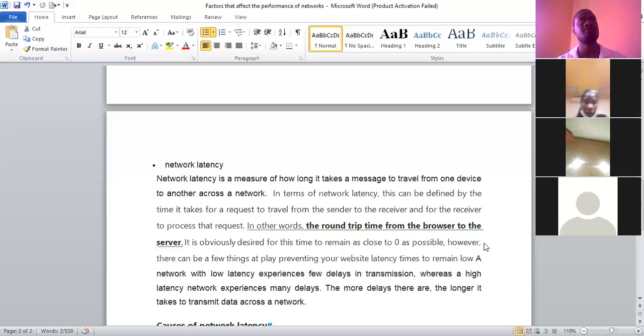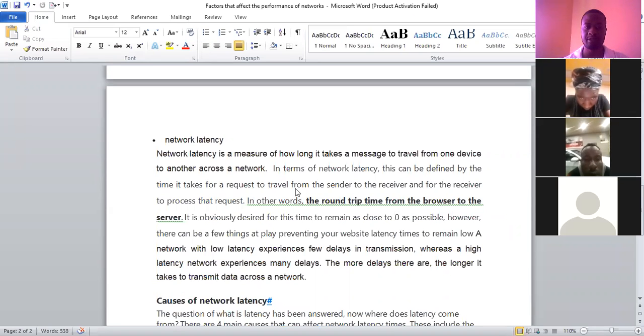If you want to travel to Okahanja from Windhoek, the time it takes you to travel from Windhoek to Okahanja, that speed, how long it takes you, that is the idea. Now, let's move on with the definition or explanation.